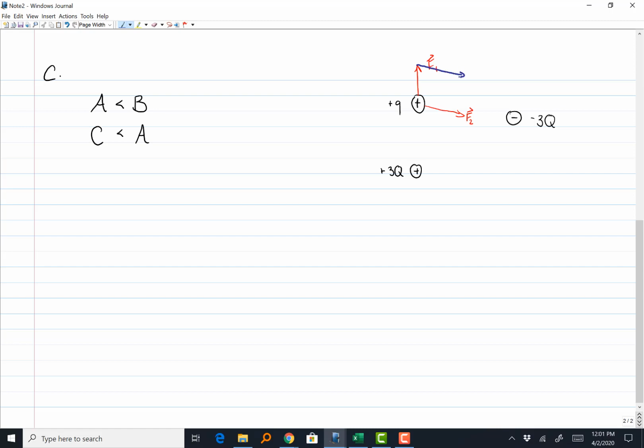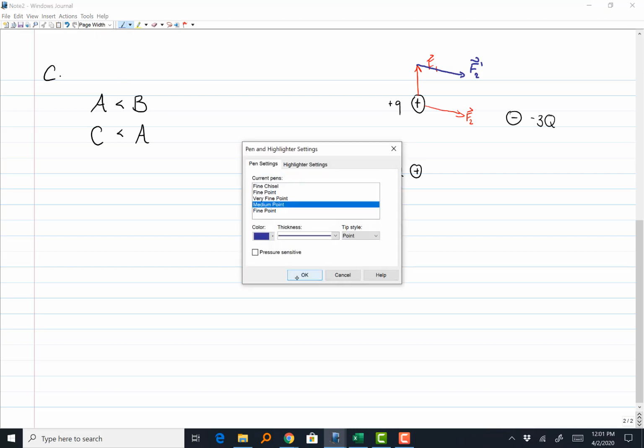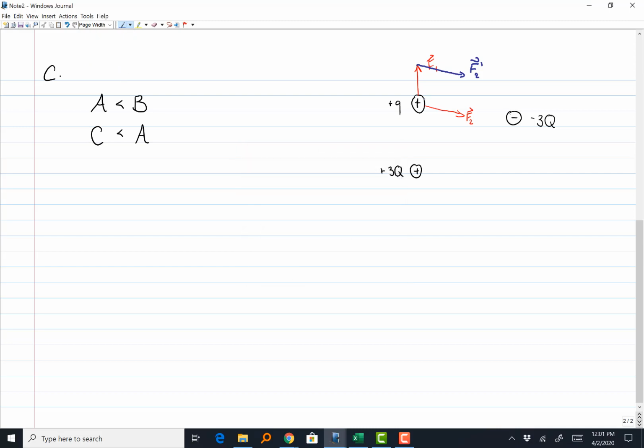So I'm going to move my F2 up. The head of F1 is at the tail of F2, and then I can draw my net force from the tail of F1 to the head of F2. Head to tail summation.